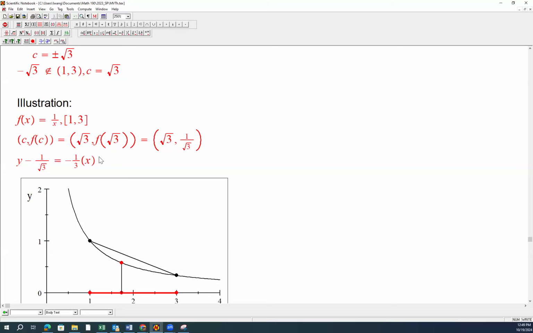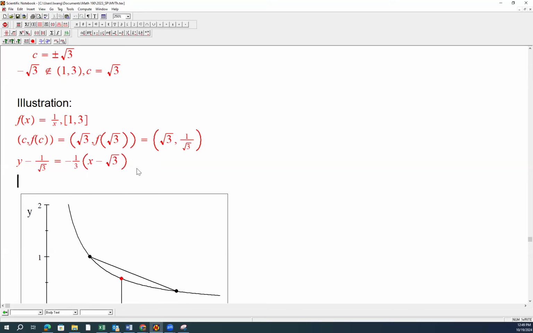This is f of c, this is c, that's the slope. So our tangent line equation would be, we got this. Oh, never mind, I should keep it here. Okay, so it's going to be negative 1/3.